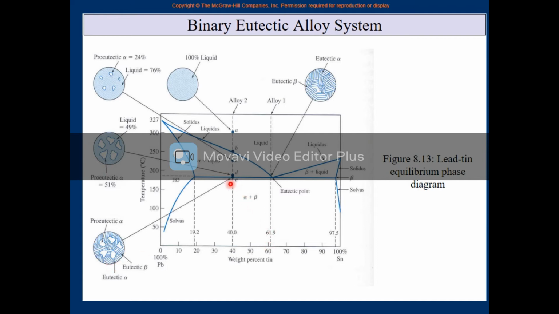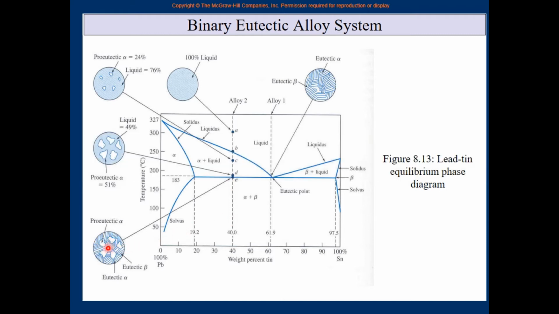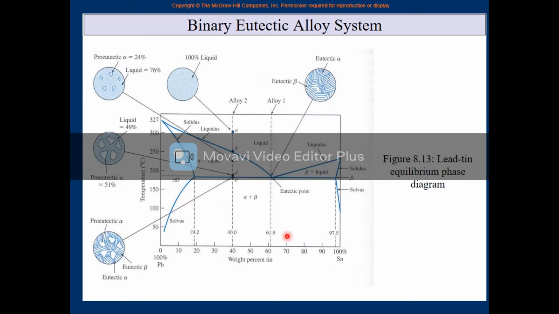So now for point E or any point below, you have these alpha pieces inside, and this dash line is alpha plus beta. So this is very critical: once you do this in a hypoeutectic alloy, there will be some alpha which is separate and there will be some alpha which is inside this alpha plus beta.